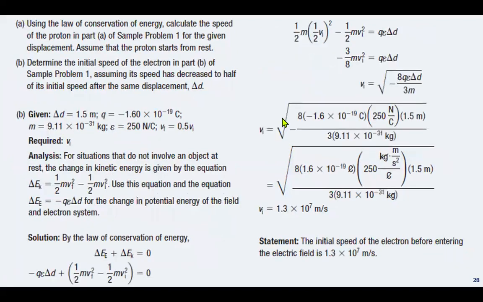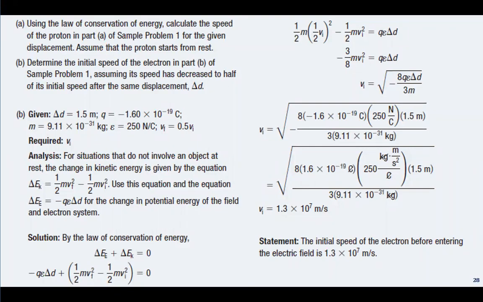Okay, second, for situations that do not involve an object at rest, the change in kinetic energy is given by the equation delta EK is 1/2 m vf squared minus 1/2 m vi squared. Again, use this equation and the equation delta EE is negative Q epsilon delta D for the change in potential energy of the field and electron system.